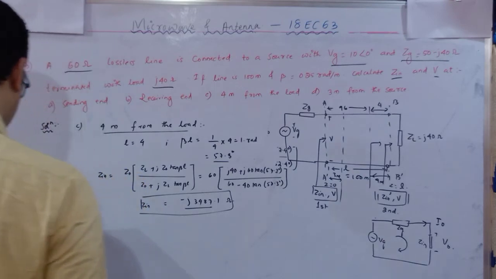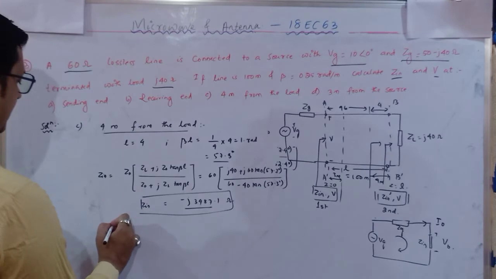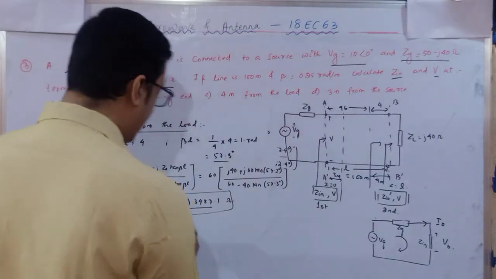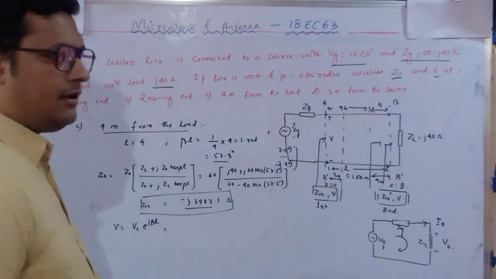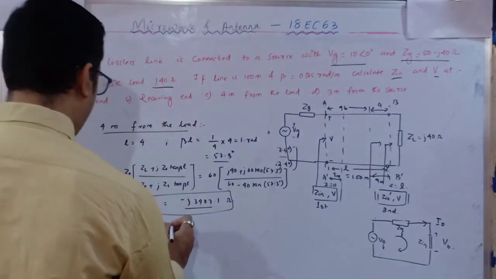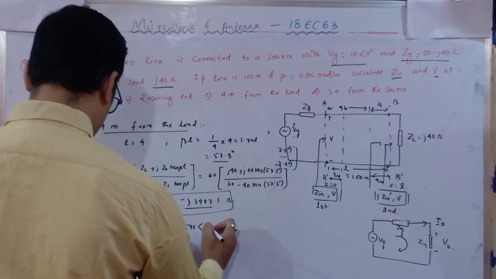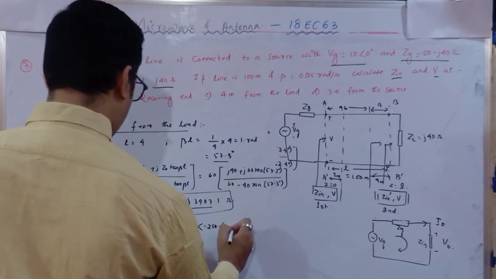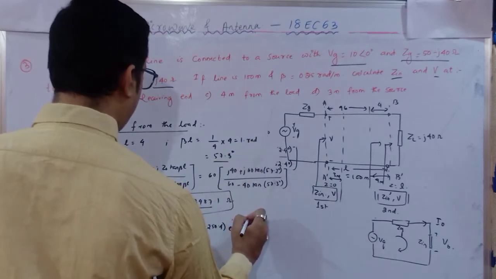Once this input impedance is known, next you have to determine the potential. So the potential is VL e^(jβL). VL we have already determined, so directly we will substitute the VL value. It is 0.575 angle minus 250.4 degree, whole into e to the power βL, which is how much? 57.3 degree.